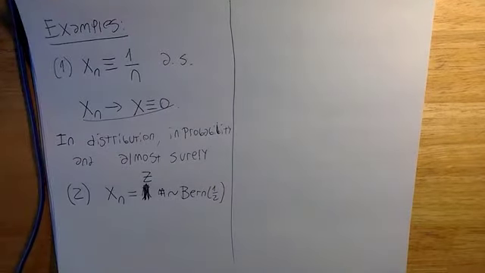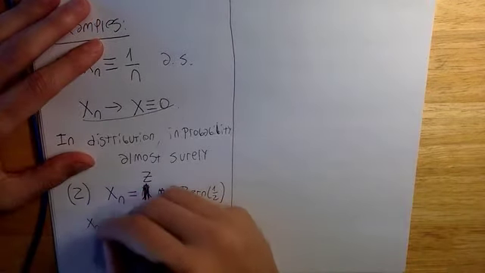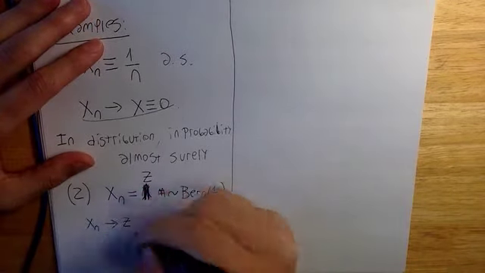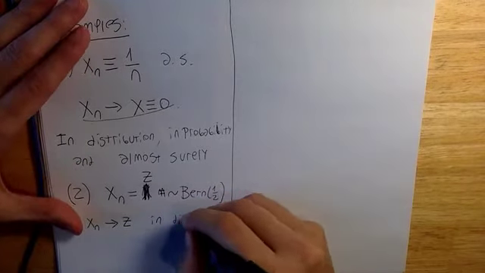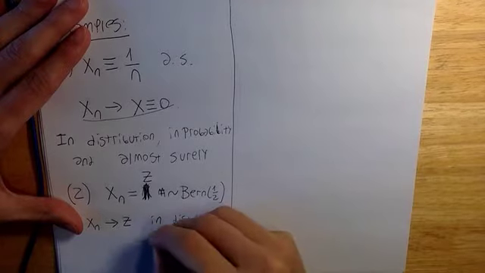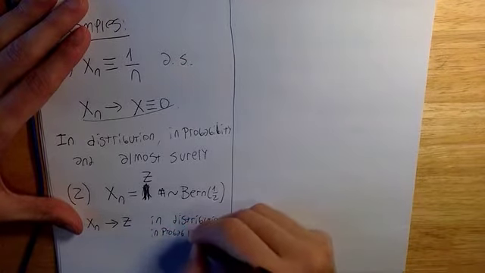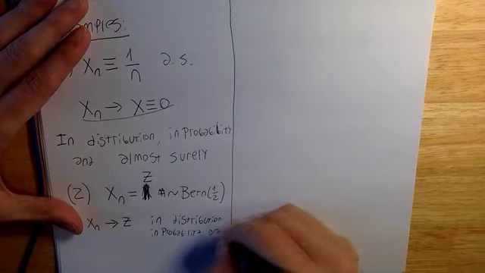Then xn clearly converges to z in distribution, in probability, and almost surely.